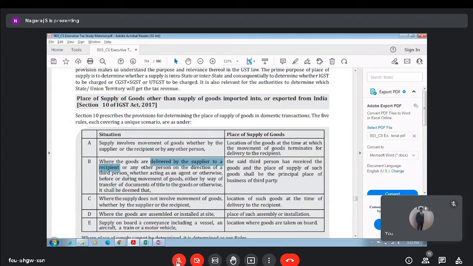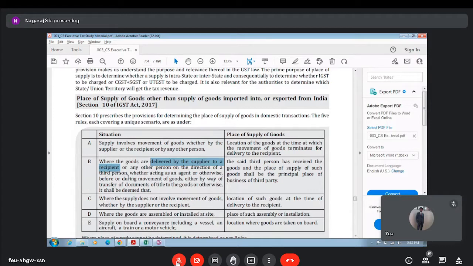What does it mean? I am the supplier, you are the recipient. This is one transaction. What you will do is tell me, please don't deliver the goods to me. You deliver the goods instead of me to another person who is staying in Tamil Nadu. That is another transaction between you and that person.